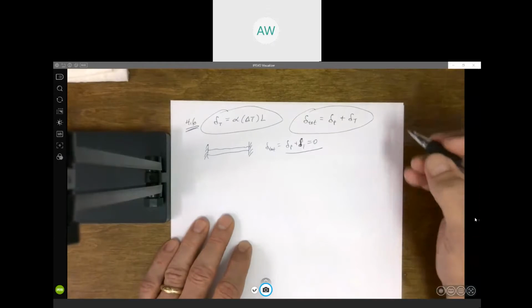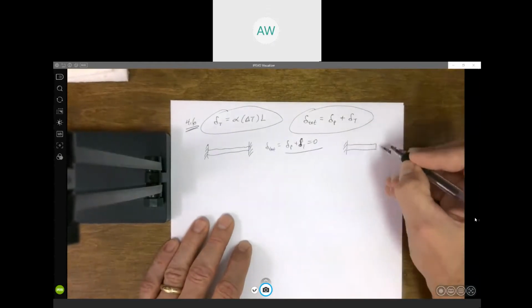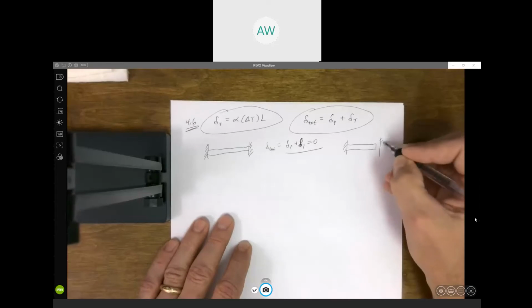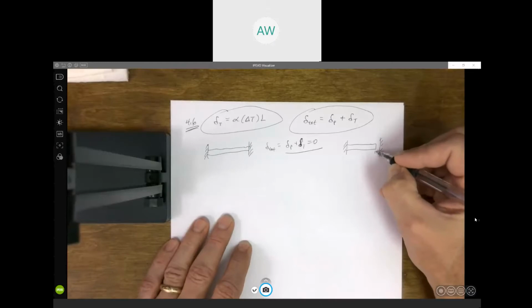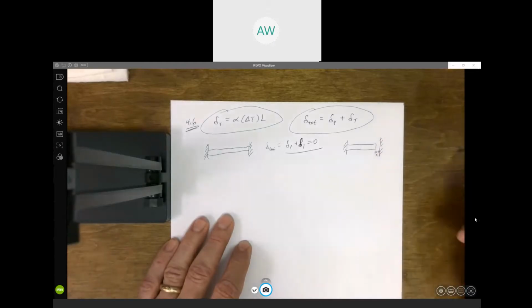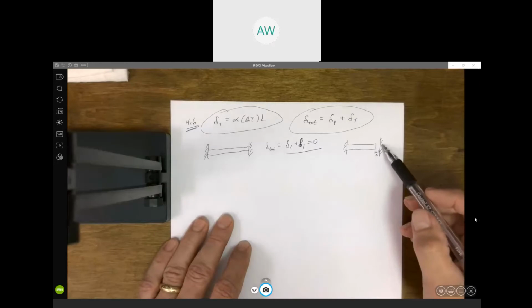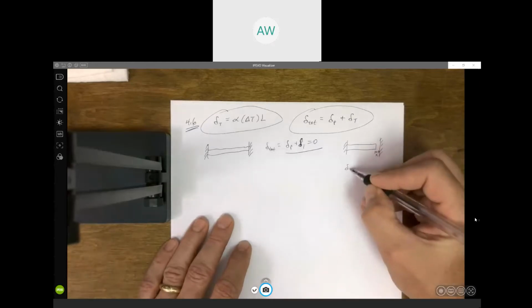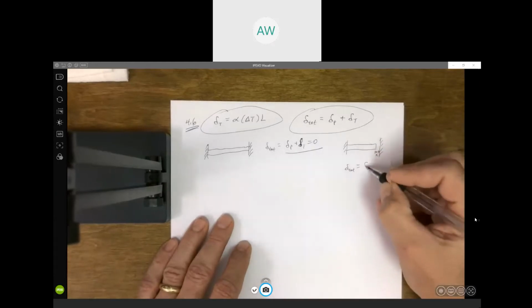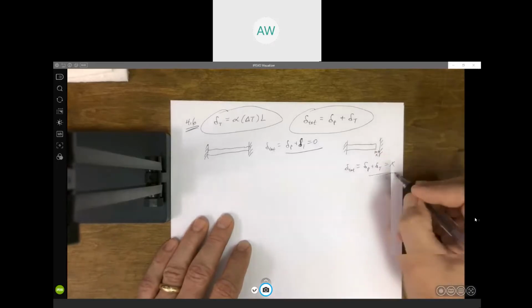Yeah, if you have one where, say, it didn't go all the way to the wall, we worked an example like this, where this is some little distance, just call it X. Well, if the temperature goes up enough to where this does expand to where it hits that wall, the total, when you add those two together, would be whatever that distance X is.